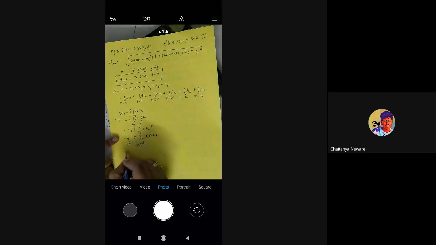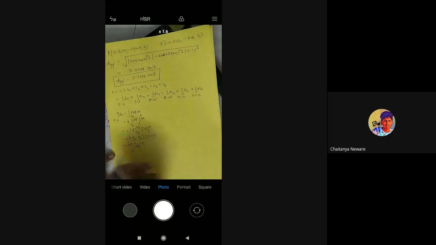Here the value is 2 pi. So the integration of dS1 is 2 pi.